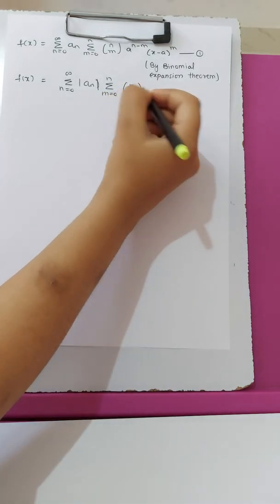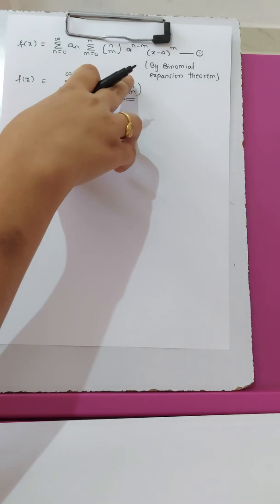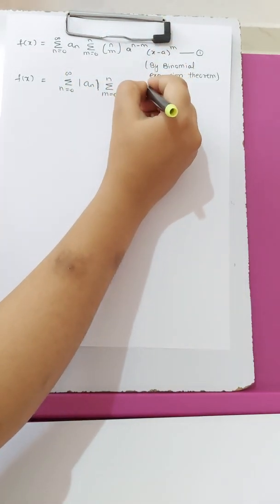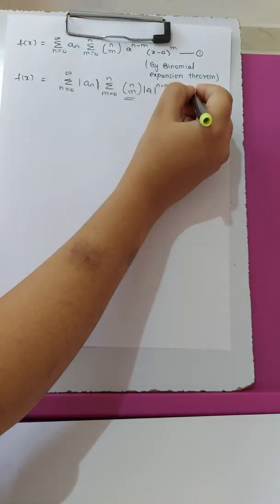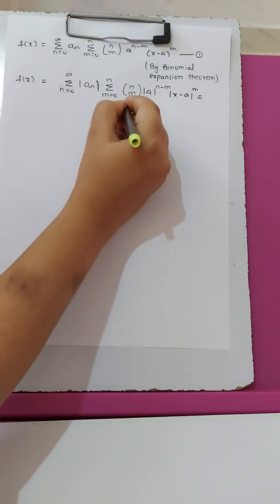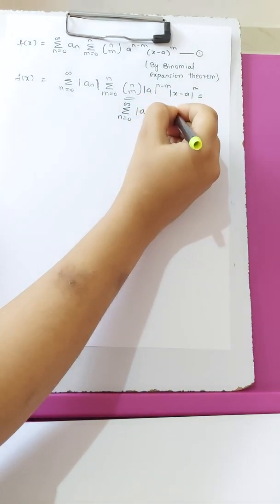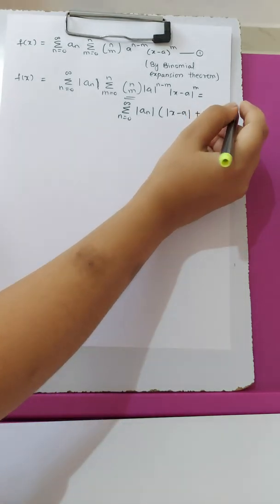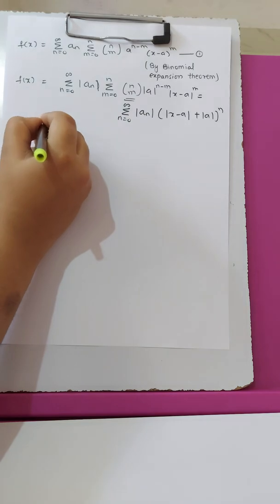This is the binomial coefficient of this expansion, and read as n choose m or nCm. Mod of a n minus m and mod of x minus a to the power m, which will be equal to summation n from 0 to infinity mod of a n and mod of x minus a plus mod of a whole power n. Now, this is convergent.